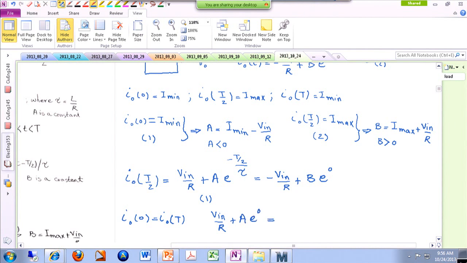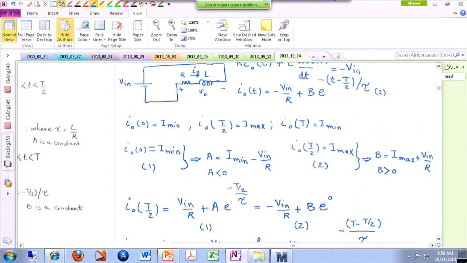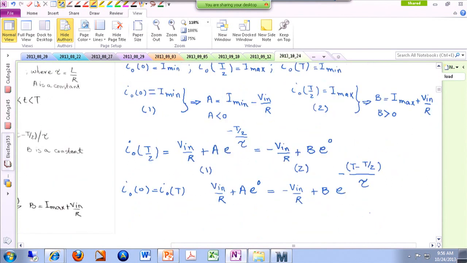At the end of the cycle, I can use equation number 2, which gives me something like this. Just make sure we have a negative there. So again, this comes from equation number 1, and this one comes from equation number 2.